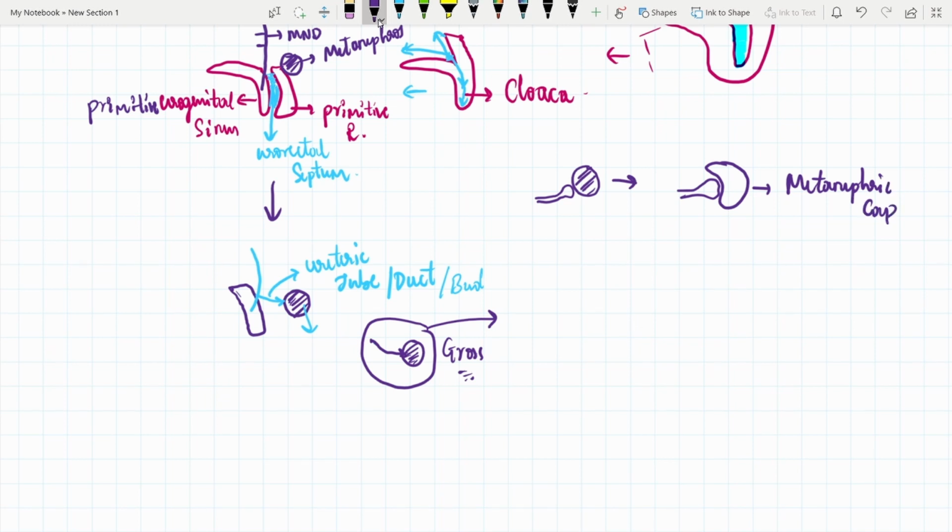Those are the concepts I have discussed already. Those are all basics. So this is the actual development of excretory system or kidney, right? Without them, you cannot understand this one, right? So metanephric cap, this is ureteric bud.